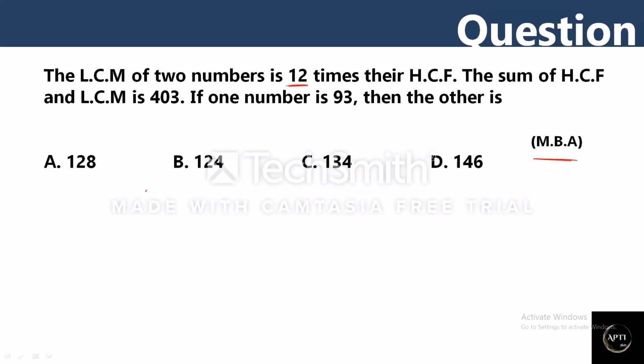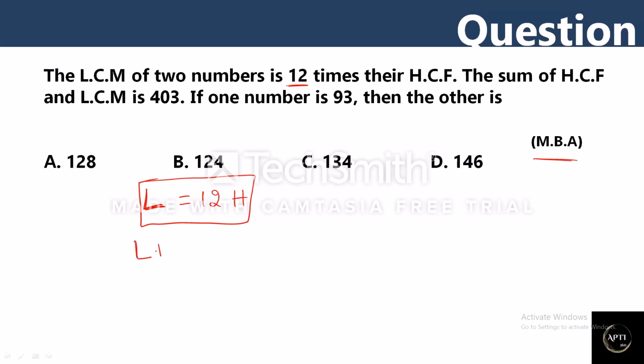For our better calculations, I'm writing L for LCM and H for HCF. Don't get confused. The LCM of two numbers is 12 times the HCF, so can I write L equals 12H? And one more condition is given: the sum of LCM and HCF is 403.